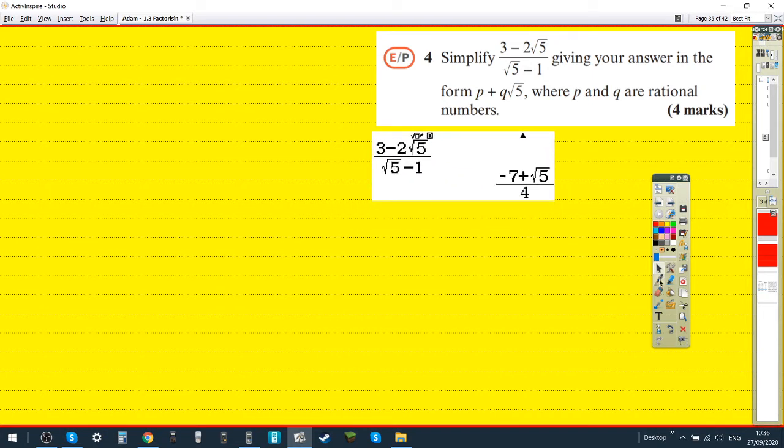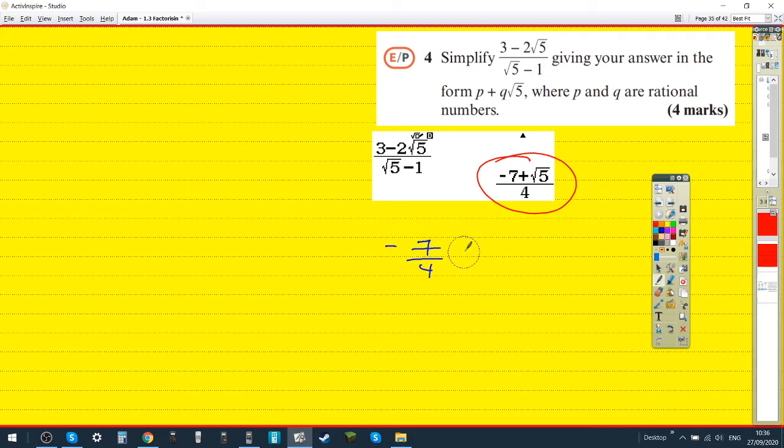Practice time. Okay, they wanted it as P plus Q root 5. What is P? What is Q? Any idea about that? Can I just put it in my calculator now then? Here's the answer. Okay. So what is P? What is Q? Would P be minus 7? Close. This can be split up.